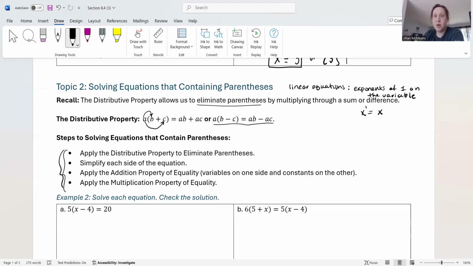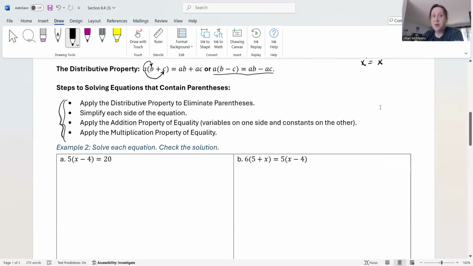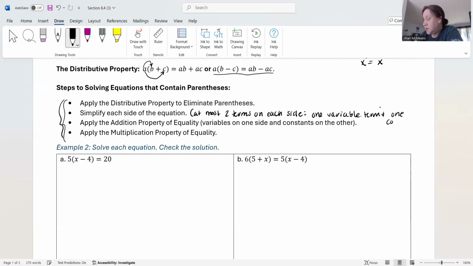So what we want to do is always use the distributive property to get rid of parentheses first. After you get rid of parentheses, you want to simplify each side of the equation. And remember, we want at most two terms on each side, one variable term and one constant term.